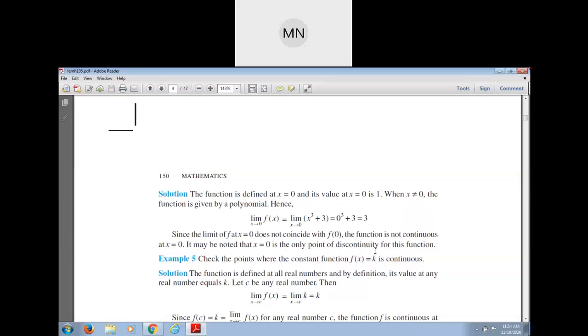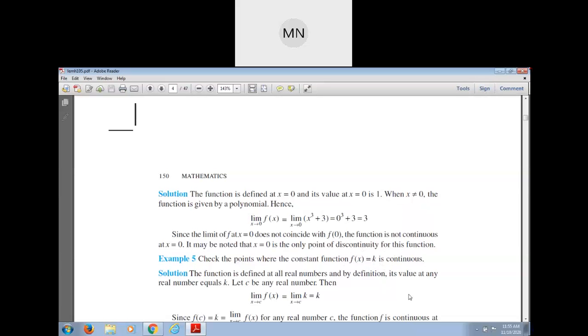Okay, and in the next example, it is given as f of x equals k. That is, f of x is a constant function, and this is continuous. Okay, proof is not necessary. Just write constant function is continuous everywhere. And next, write identity function is continuous everywhere.